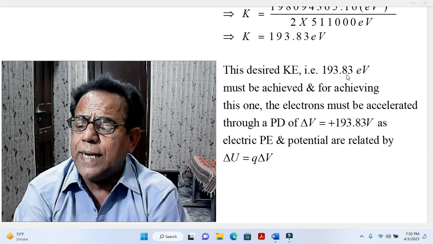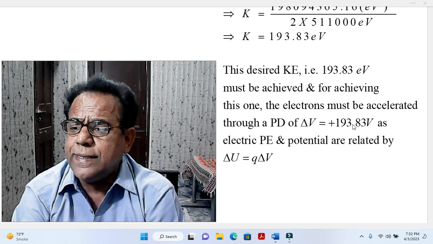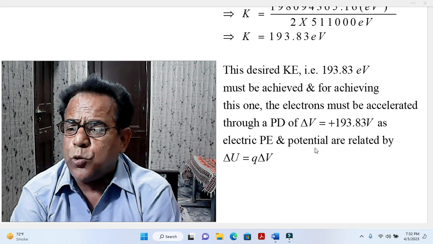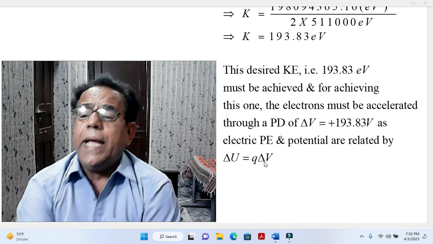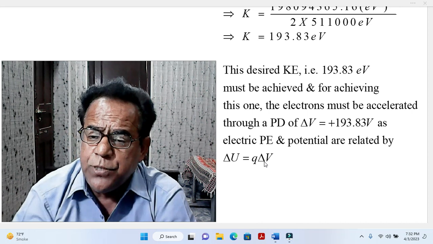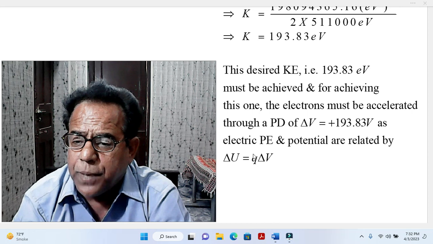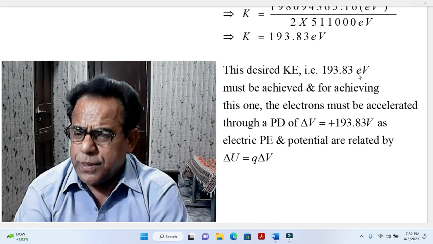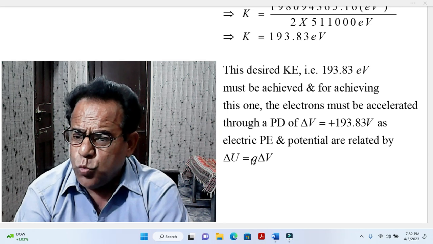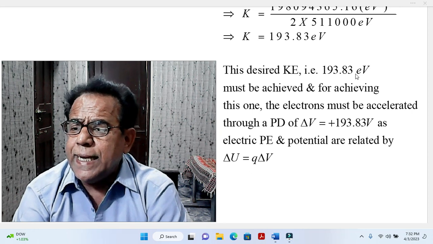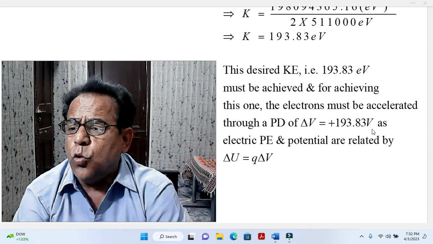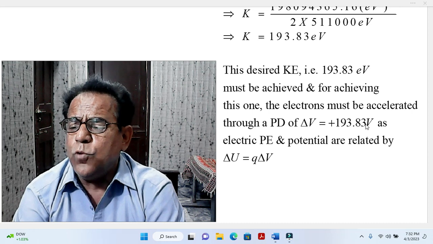The difference is that this is in electron volt and this is simply volt, as electric potential energy and potential are related by delta U equal to Q delta V, and for electron we use the value of Q equal to small e. So when in place of Q we use e, this electron volt will be converted into simply volt, and this volt is potential.